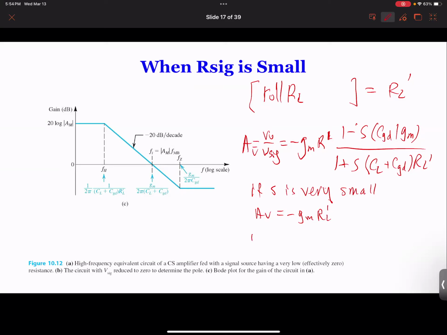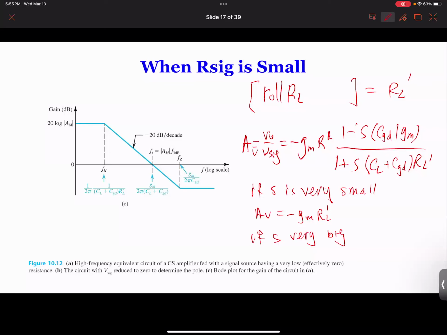Okay, what happens if s is very big? If s is very big, then this term is much larger than 1, and this one is also much larger than 1. Then the s will cancel, and you move this CGD over CL. We have to take the absolute value, but the minus sign is going to cancel.